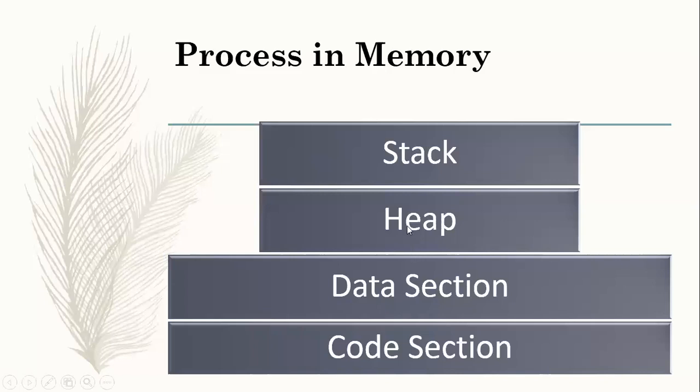Now we have two more things, heap and stack. Why am I using heap and why am I using stack? I hope you already know what stack and heap are. You have already studied all that in data structures. So heap I am going to use for dynamic allocation.